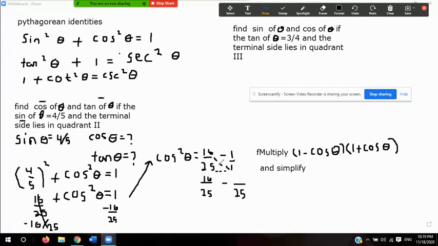You can do it that way. 25 times 1 is 25.